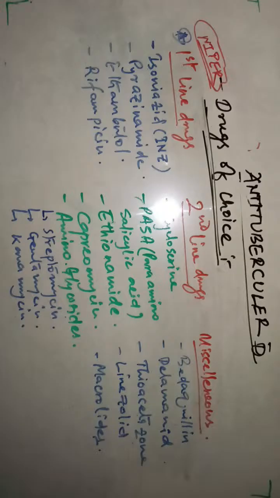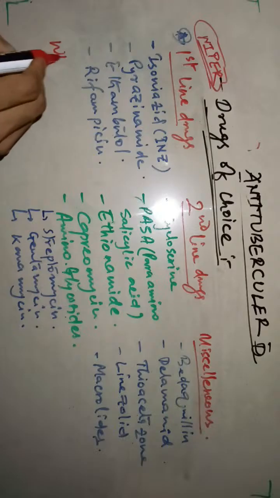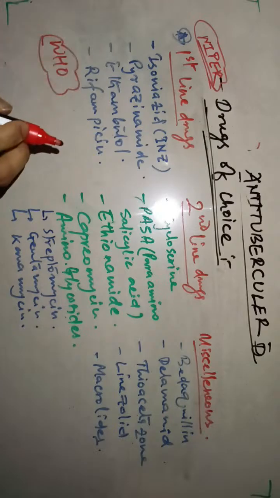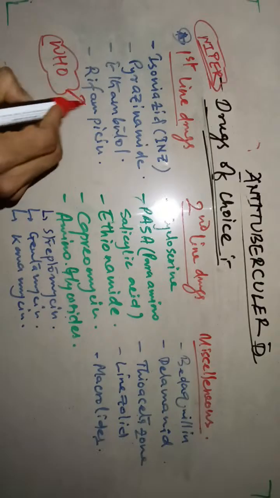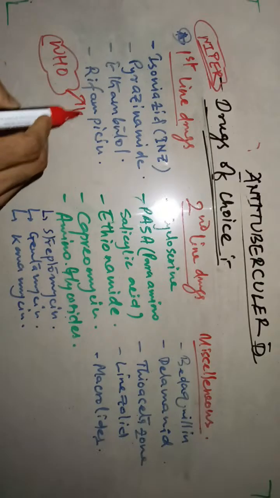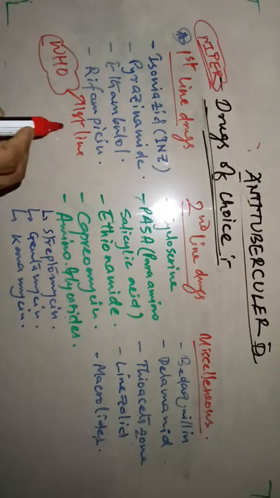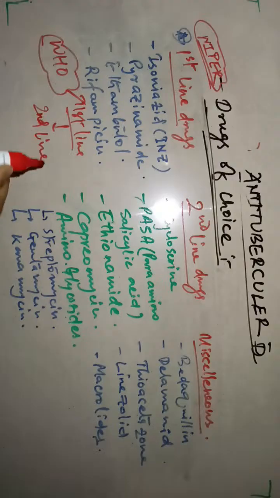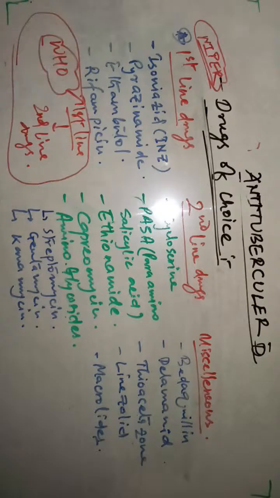Before going to those, I want to tell you that according to the World Health Organization, the first line drug is used first, followed by second line drugs for the treatment of tuberculosis. This is important.